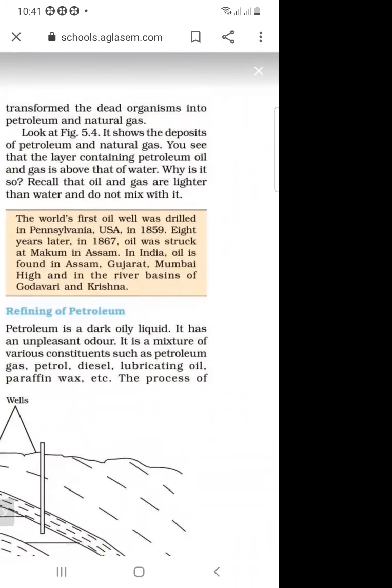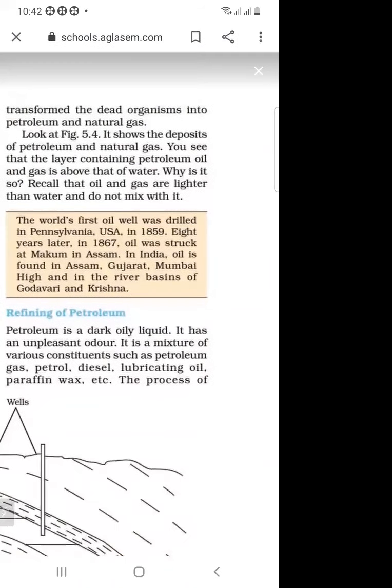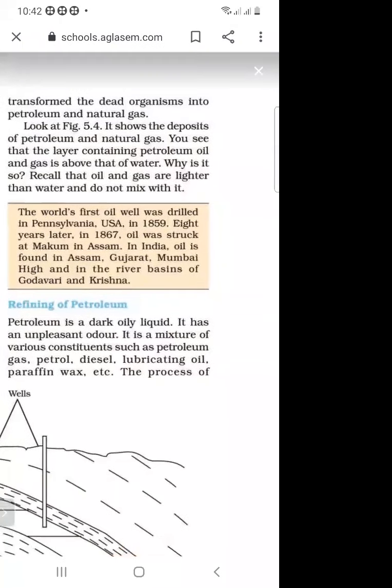Because oil and gas are lighter than water, they do not mix into the water, and they form a separate layer on the water.